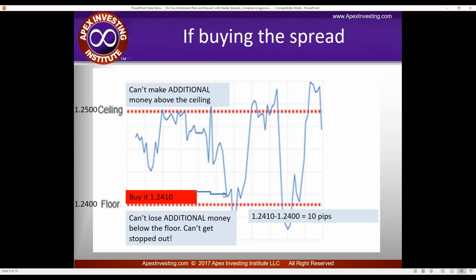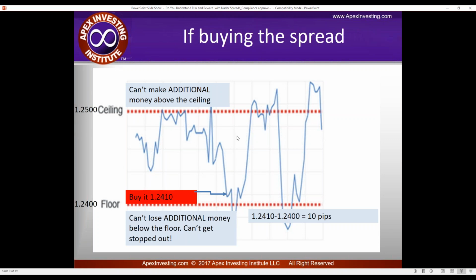That's the only amount of money I have to put up out of my account to get in that trade. And I have a profit potential all the way up to the ceiling based on the market move. Does that make sense? With Nadex spreads, whatever my total risk is, that's the amount I have to put up out of my account.